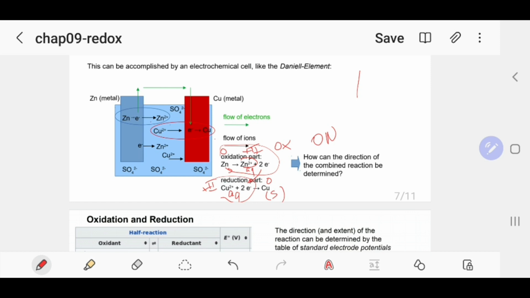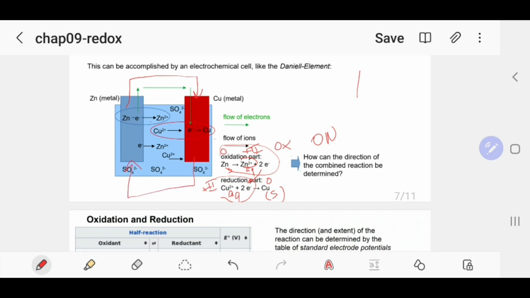But how do we know the flow of the electrons and how much it will circulate? Because at some point the battery will just die and no flow will happen anymore. So how do we find out if the flow of electrons is like this or like this?